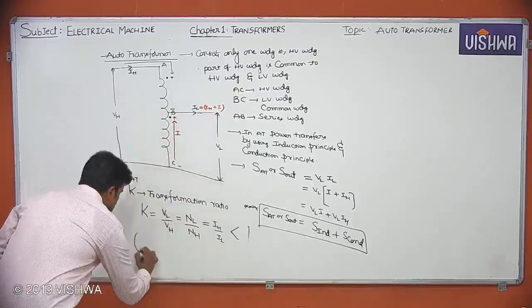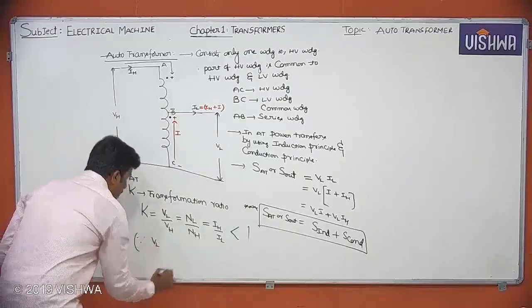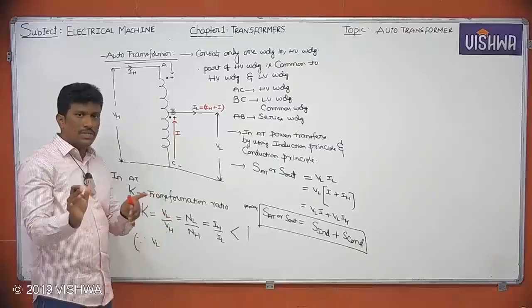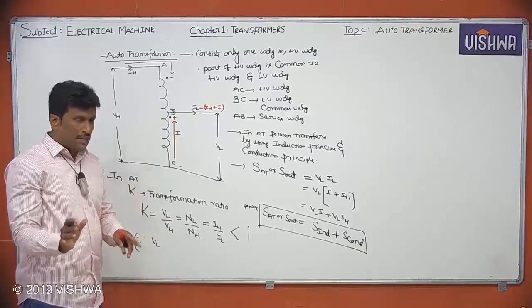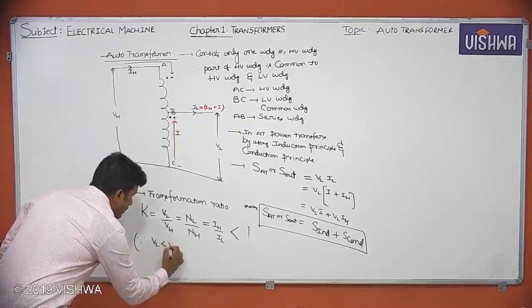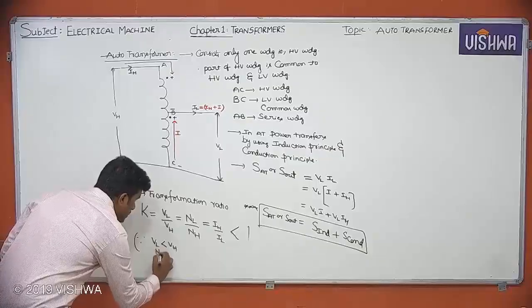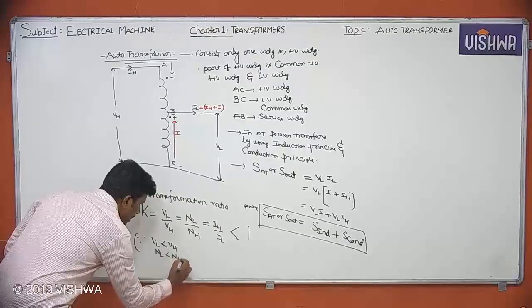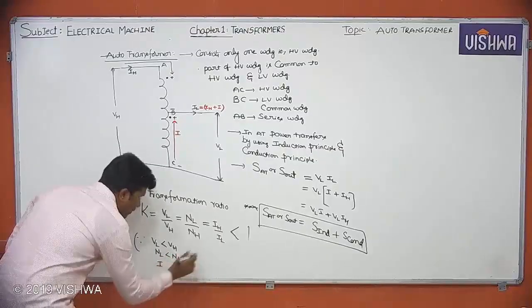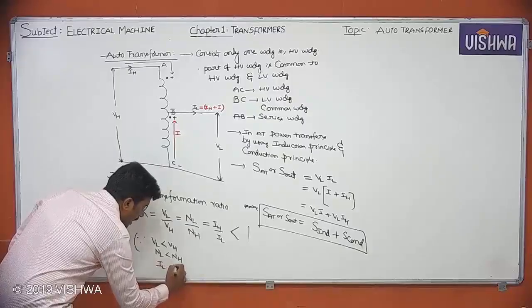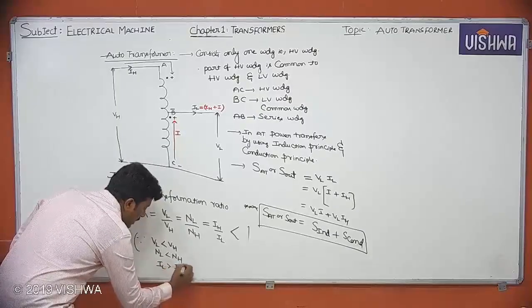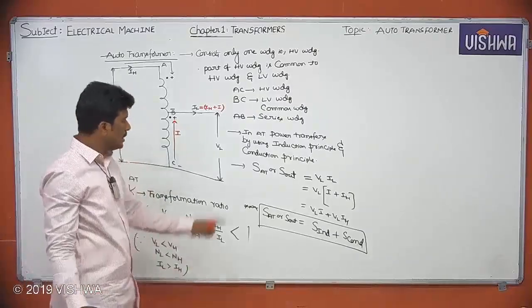Why? Since you know VL, L means what I'm saying? You are saying L means low, H means high. That means VL is less than VH. NL is less than NH. But don't write IL less than IH. It is IL greater than IH. See clearly?